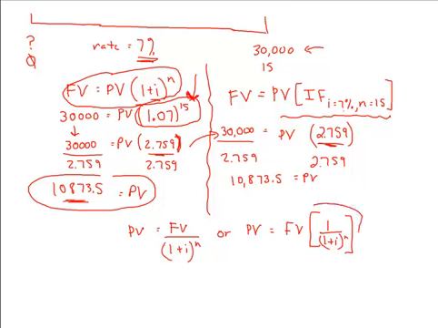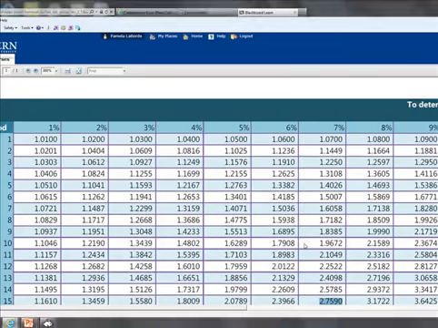If I opt to go this way, the value that I just circled is the present value interest factor of a single sum. So I could go present value equals 30,000, and I could either plug in the I of 7% and the n of 15, or I can pop over to my interest factor tables.